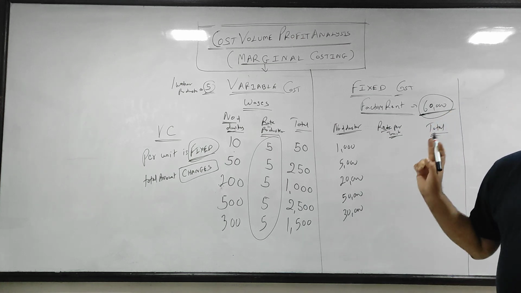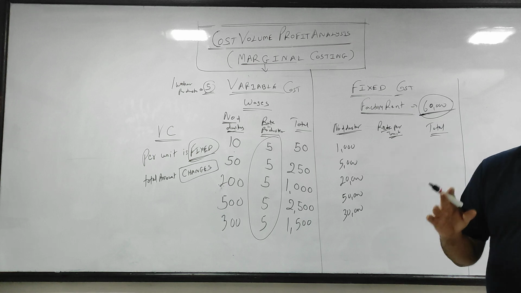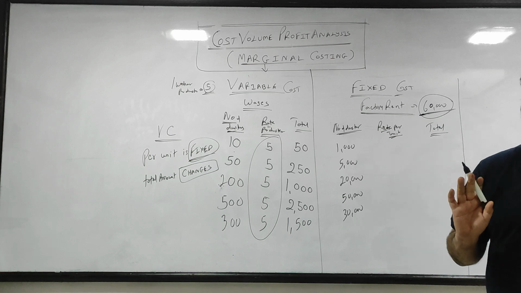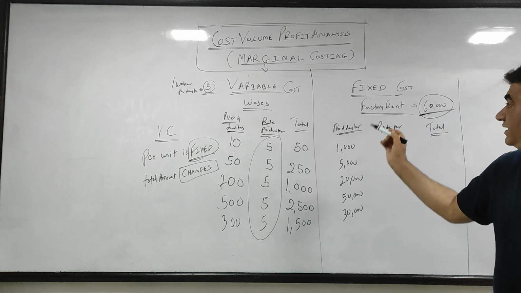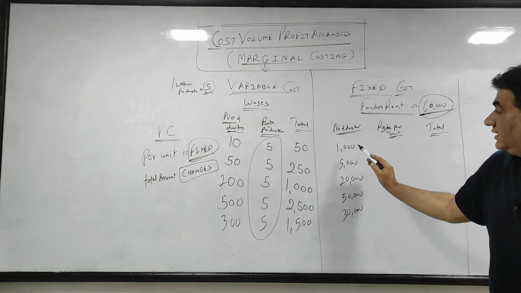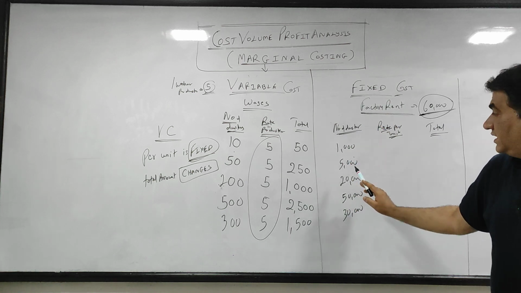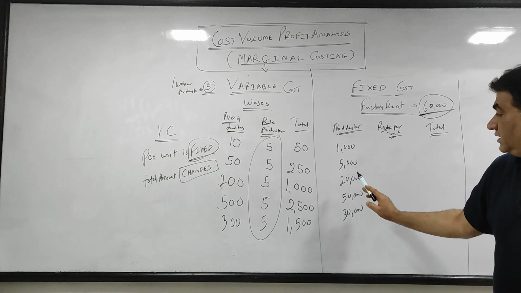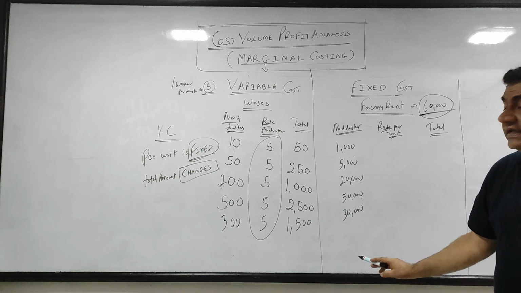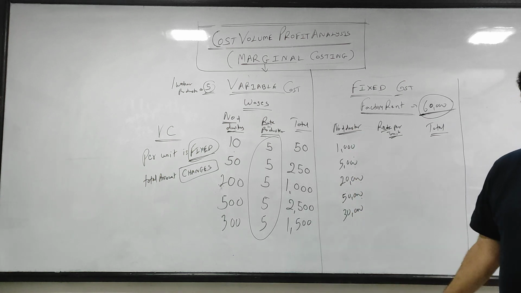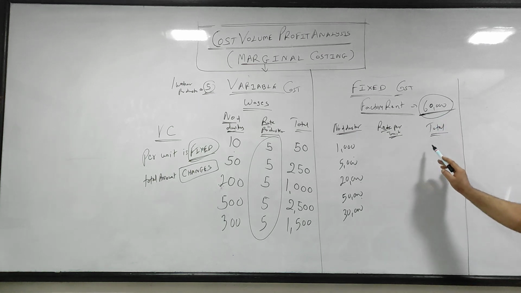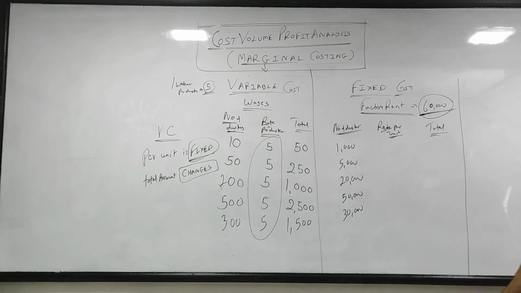I am paying rent of 60,000 rupees. क्या है? Fixed. Now whether I manufacture 1,000 dusters, 5,000, 20, 50 or 30, whatever I manufacture, I have to pay fixed 60. Now understand this.